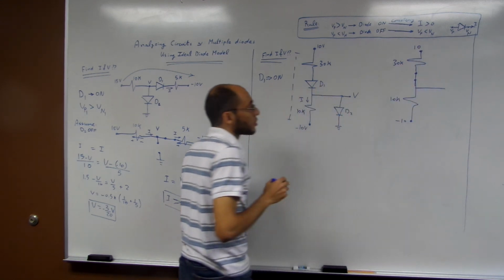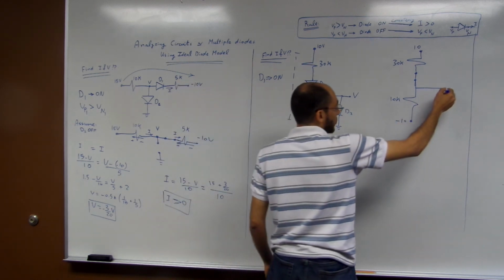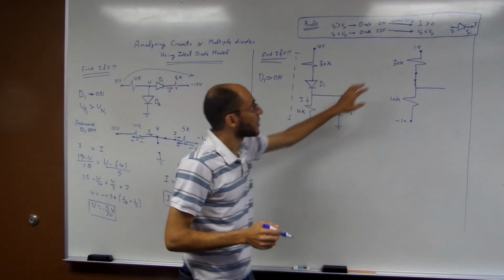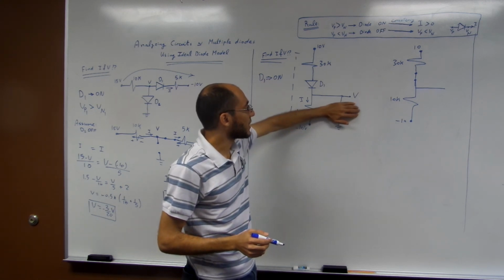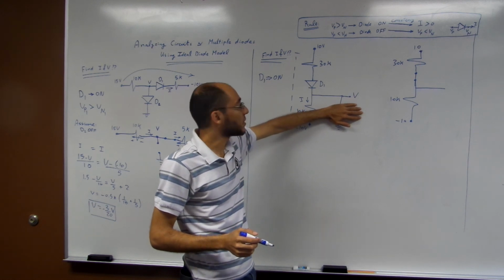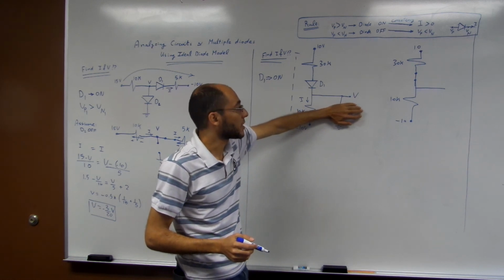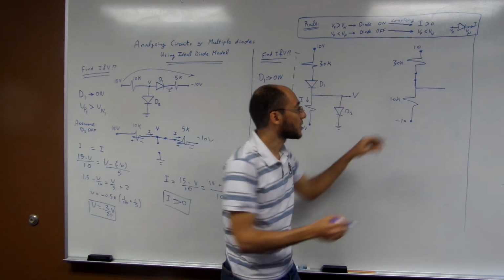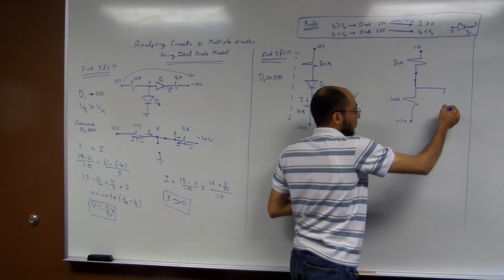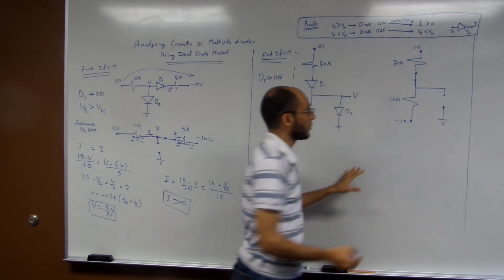Right? So before I draw this diode, I know that this is a 30 and this is a 10, which means that if this, let's assume for instance that this diode was off. Okay, this diode is not really in the circuit. It's an open circuit. Then this is going to be the entire circuit, right? Okay, and that's the ground.